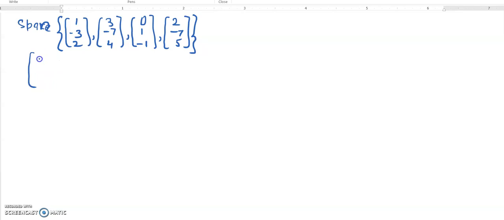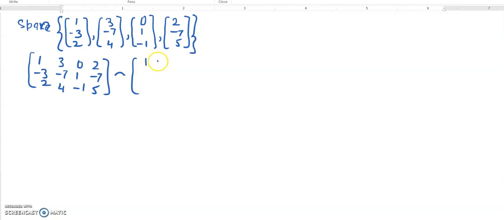In this case that is relatively easy. So the matrix has columns (1, -3, 2), (3, -7, 4), (0, 1, -1) and (2, -7, 5). Then we reduce this matrix.